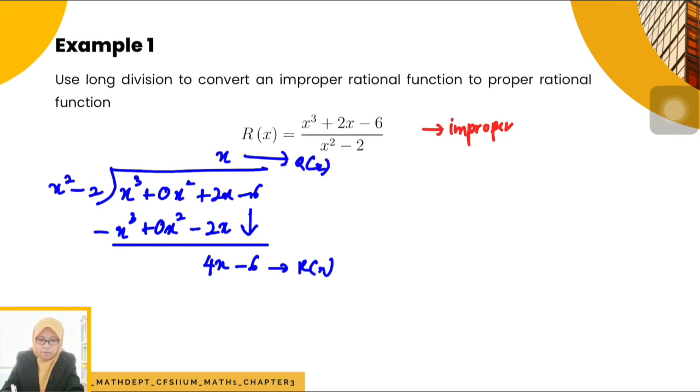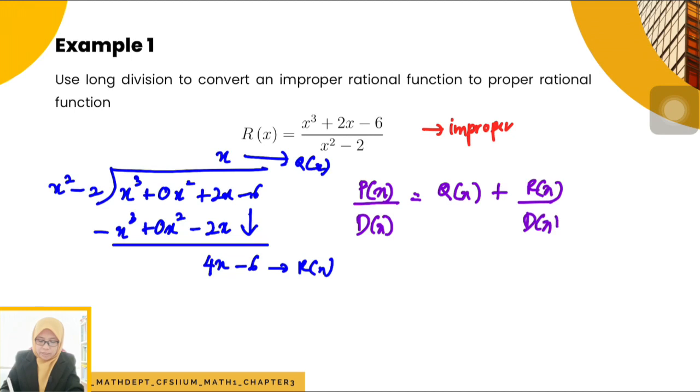When we rewrite in terms of the division algorithm, our quotient is x, so p(x) divided by the divisor is equivalent to the quotient plus the remainder divided by the divisor. So our quotient just now is x, plus the remainder 4x minus 6 divided by the divisor x squared minus 2.